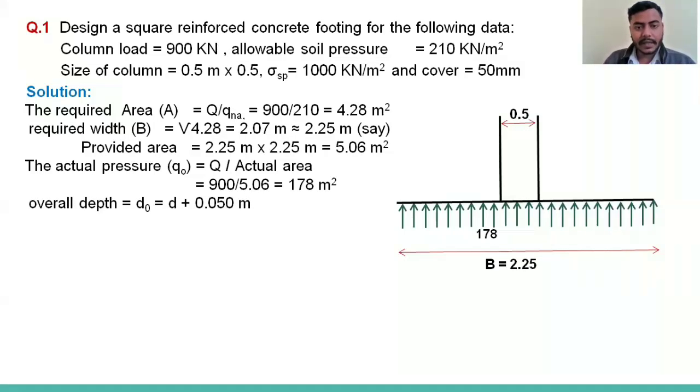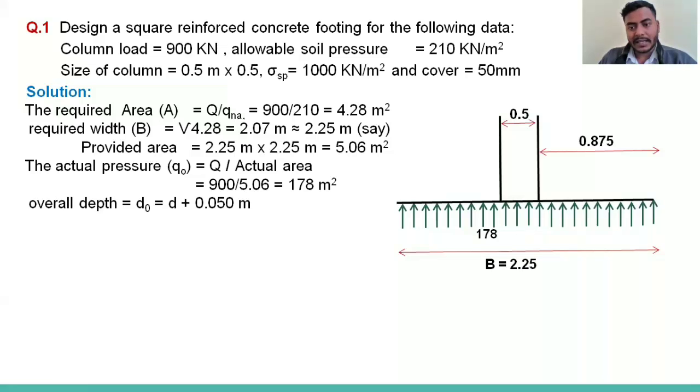So in the question the cover is given, 50 mm. So we can calculate overall depth, where d is the effective depth. So D node we can write, D node is equal to d plus 0.050. So we have converted the mm into meter. So now you can calculate the dimension, the face of the column from the edge.